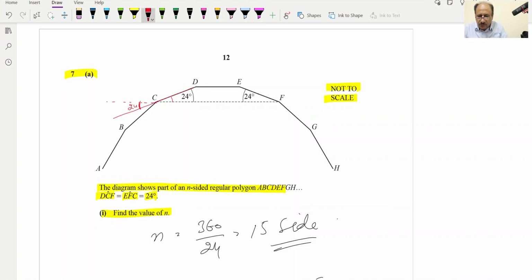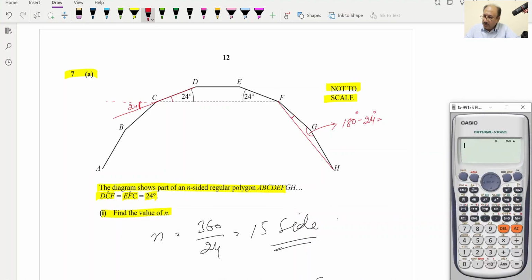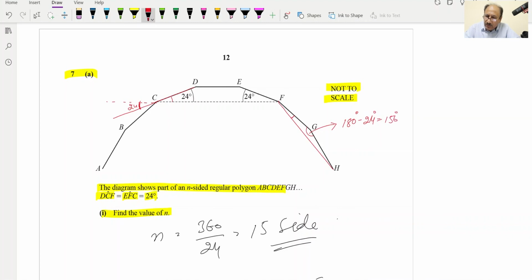If we draw the line H with F, so HFG will be this angle, and we know the exterior angle is 24, so this interior angle will be 180 minus 24, so this will be equal to 180 minus 24 is equal to 156. So this angle is 156.